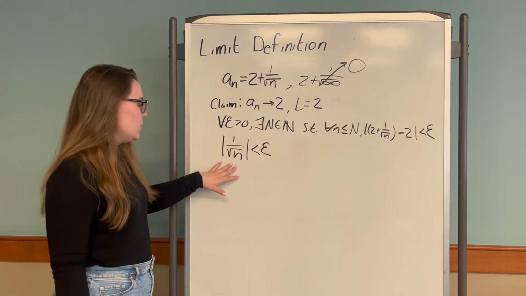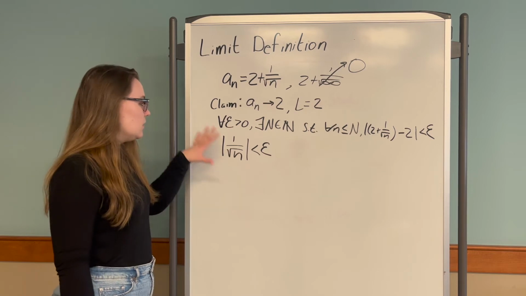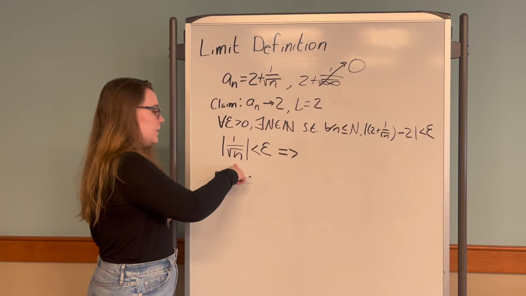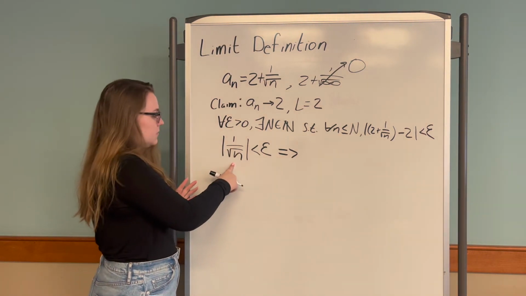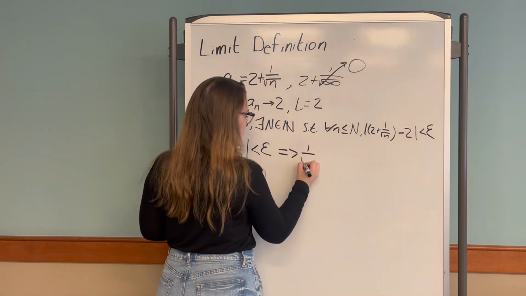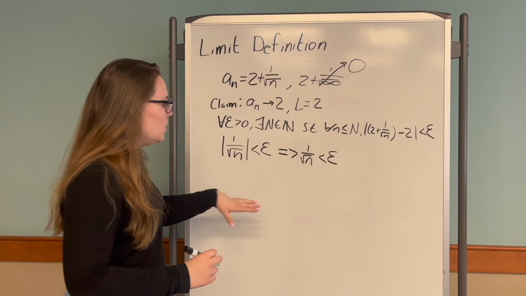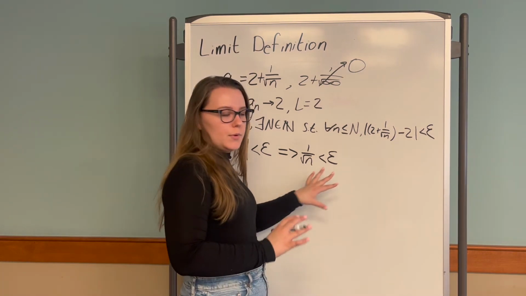Now we are just left with n on the left side, so our next step is to get n completely by itself. First thing that we can do is get rid of the absolute value because this fraction on the inside is always going to be positive. So we have 1 over square root of n less than epsilon. And next we can go ahead and flip the fractions, but remember the rules with inequalities.